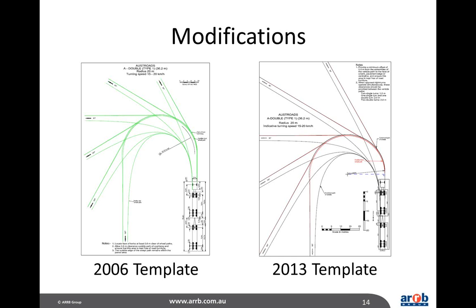And when you do that, you'll end up covering slightly less ground usually. You may end up with a technically wider swept path width, but you may be able to get through a smaller hole or a smaller opening than you can with these turning templates. That's open to discussion, of course, but that's just in our experience of looking at simulations and actual driver behaviour, that's what we've tended to find.